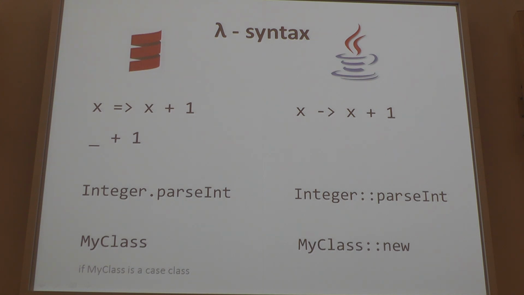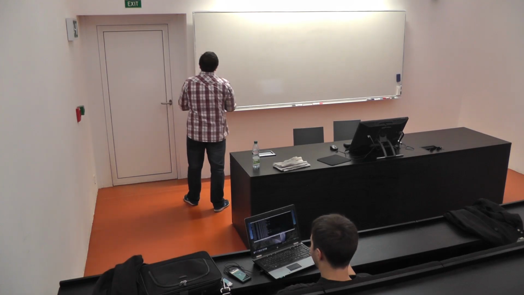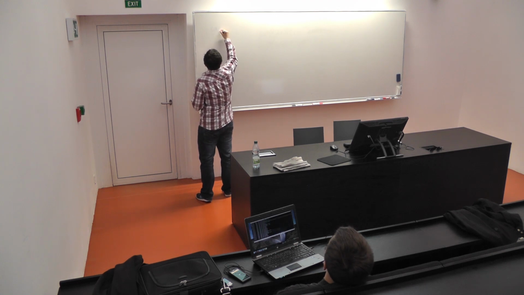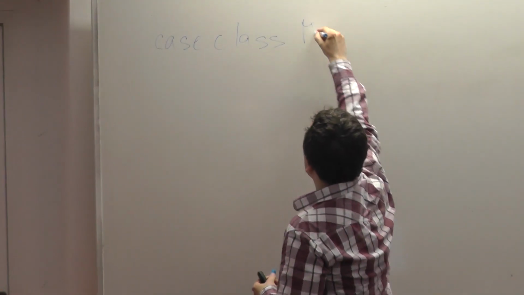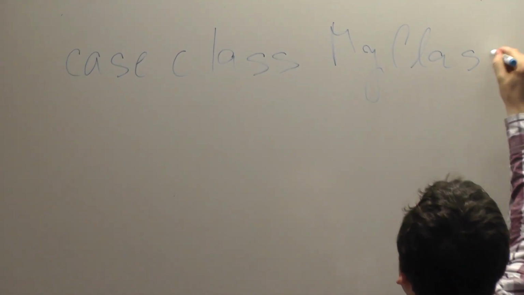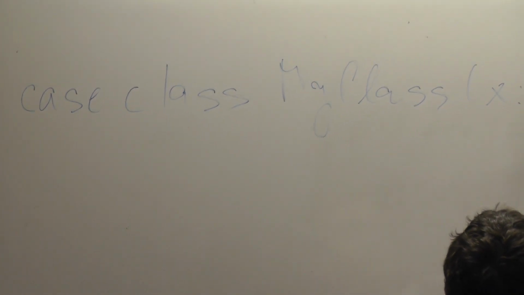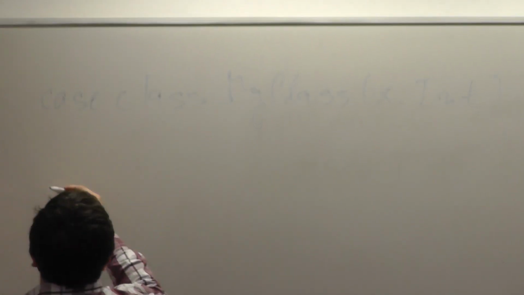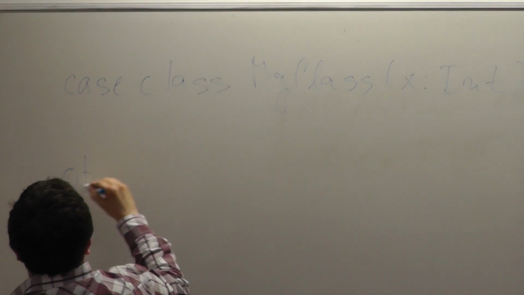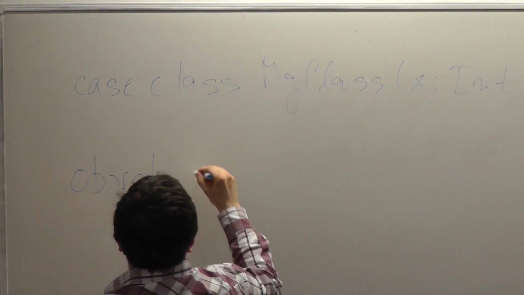But for example, in the case of case classes, the companion object for a case class extends a function. So if you have, for example, a case class, and the compiler will generate a companion object for the case class, which would look basically like this.